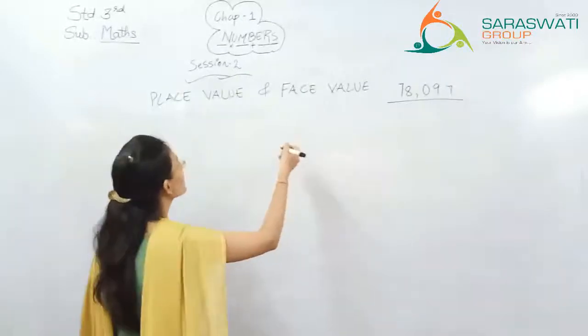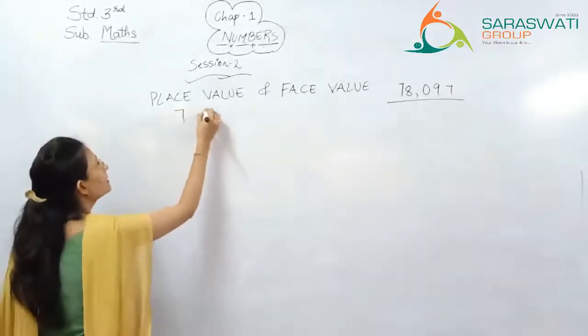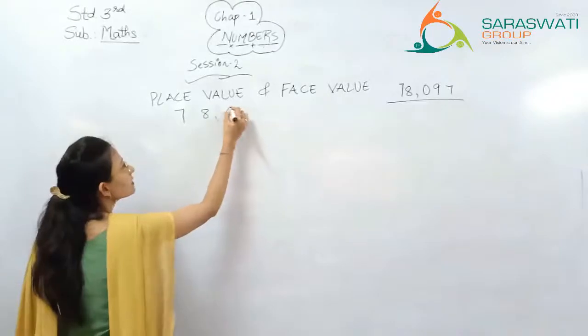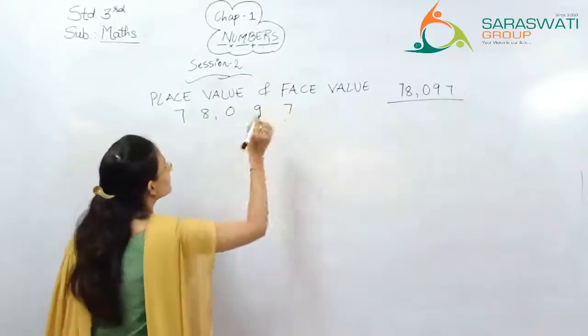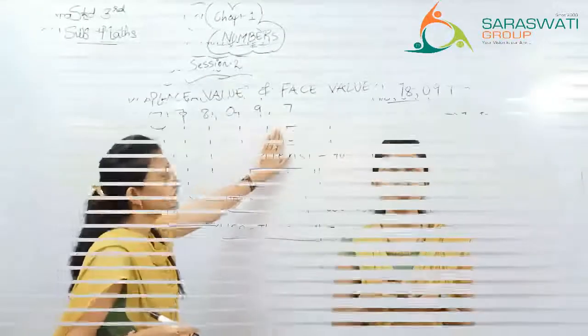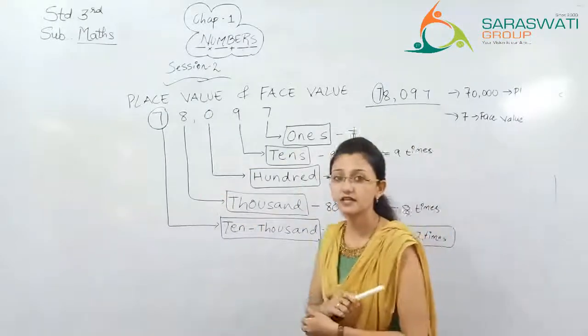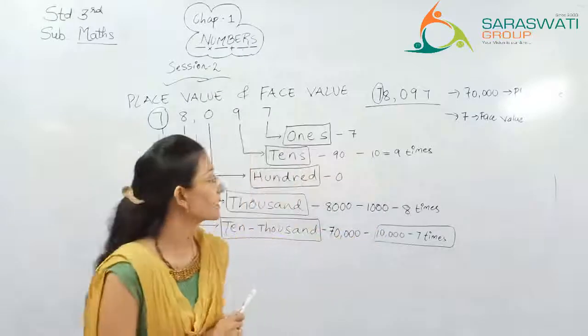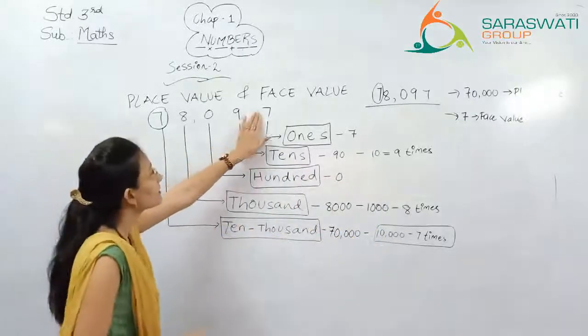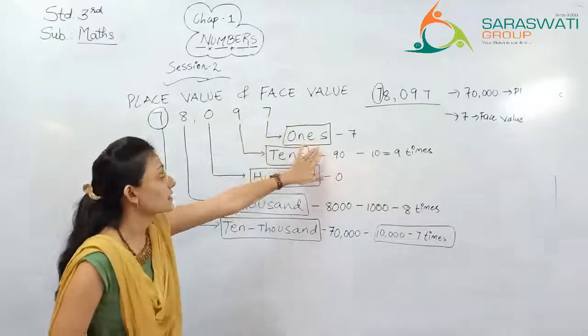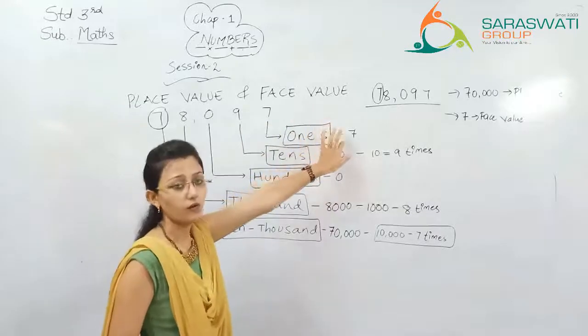I have written it over here like this: 7, 8, 0, 9 and 7. We will learn about the place value and face value of the numbers. Here you can see that the 7 goes to ones. The value of 7 is ones.